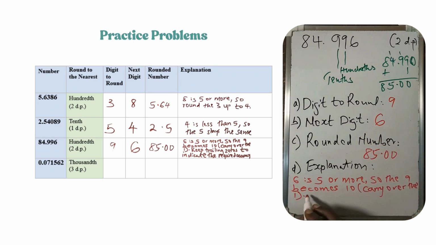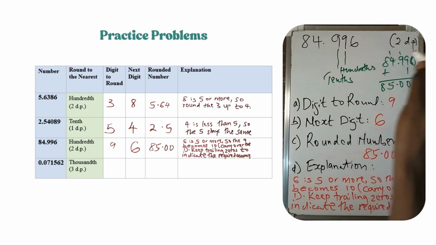So we can write here, keep trailing zeros to indicate the required accuracy. In this case, our required accuracy was 2 decimal places, so we have kept 2 decimal places.